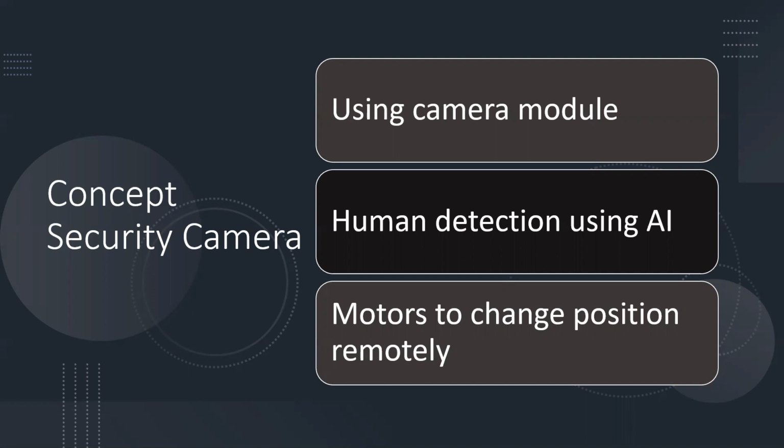So this camera will use AI of human detection, which is available to us via OpenCV, and it will also have motors which can let us adjust the position of the camera, giving us the power of changing the field of view of the camera.